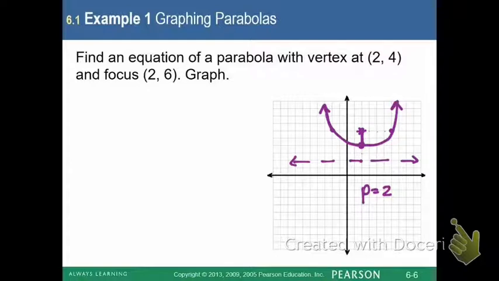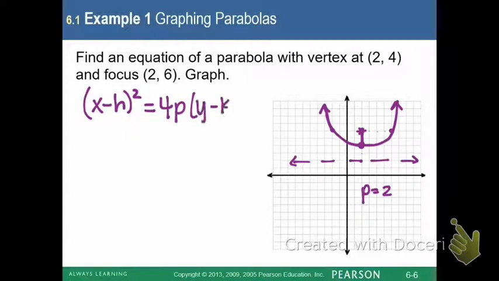So then coming up with the equation here. Since it opens up, I know that my general setup is that the x is going to be squared. So it'll be (x minus h) squared equals 4p times (y minus k). So then I need to plug in my numbers. My vertex is at (2, 4), right?